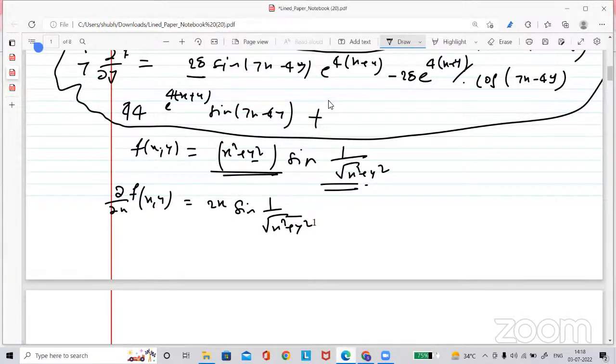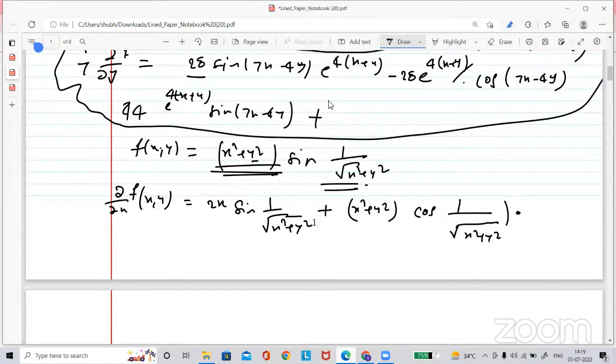So assuming this one, let's differentiate this function, assuming it as a multiple of it. So this is 2x sine root over x square plus y square, plus cos of 1 upon root x square plus y square.